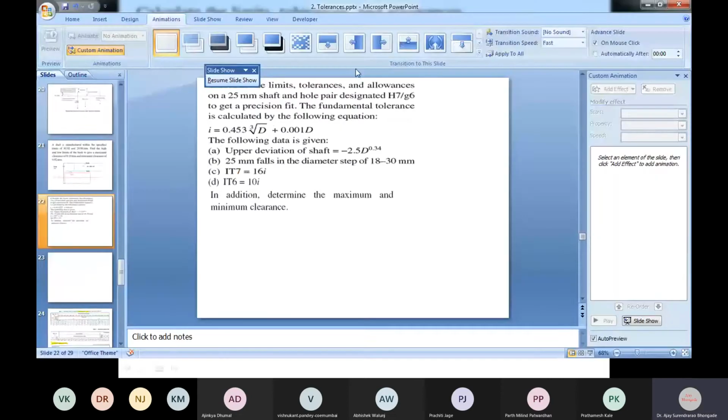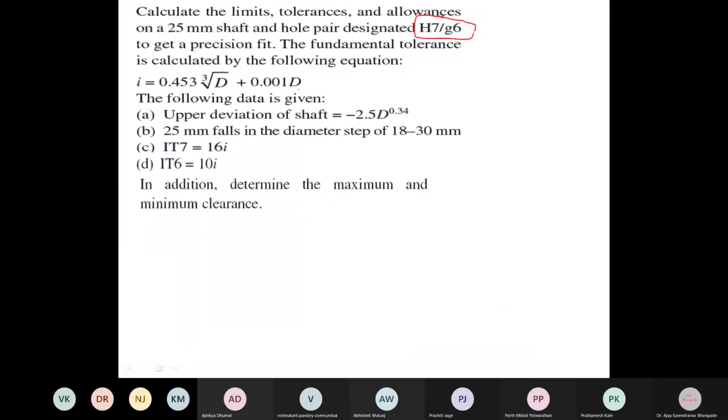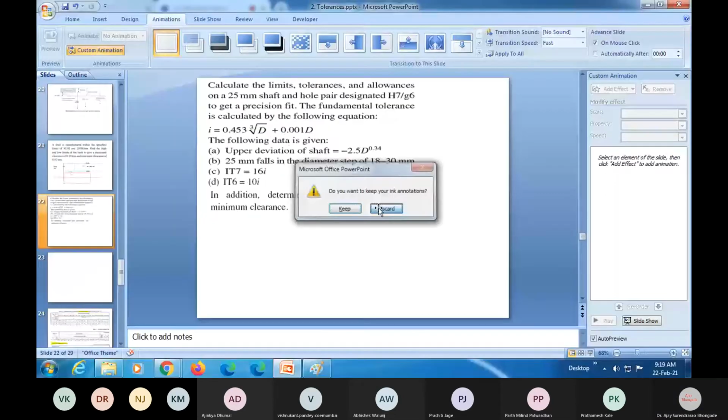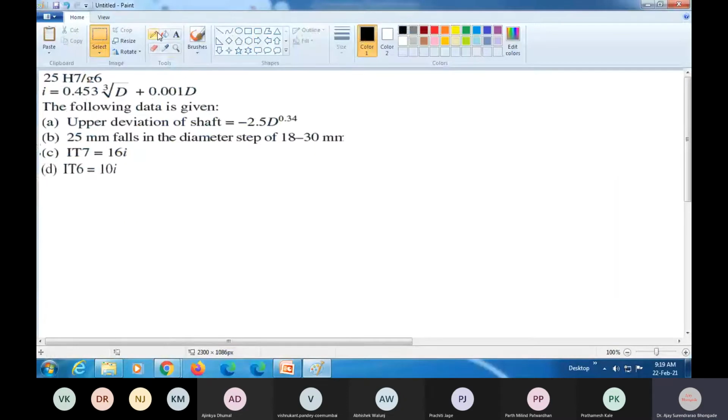Let me go back. So I told you that by D we mean 25 mm falls in the diameter step of 18 to 30 mm, right?